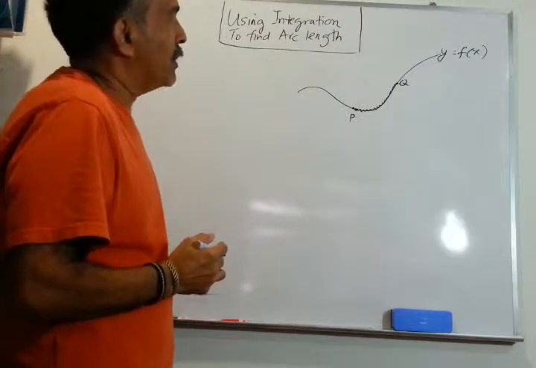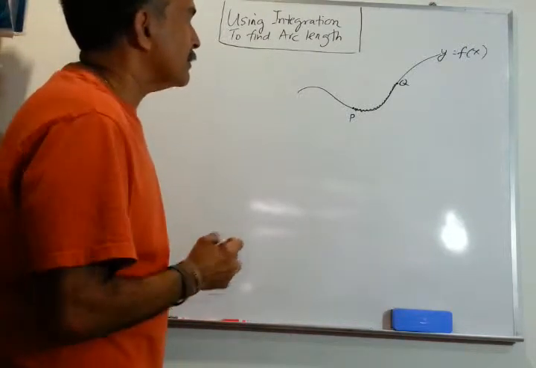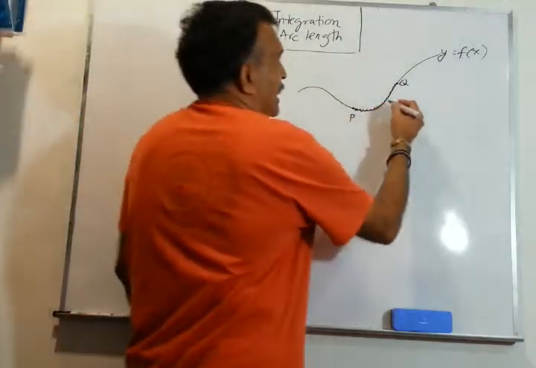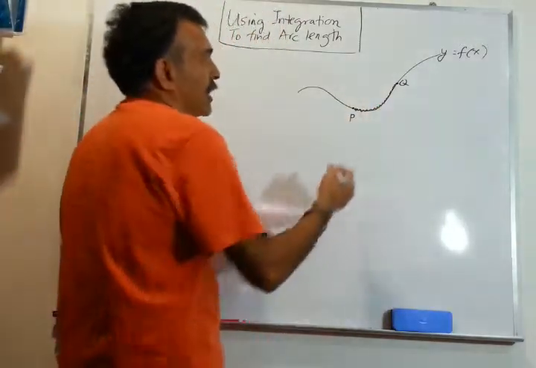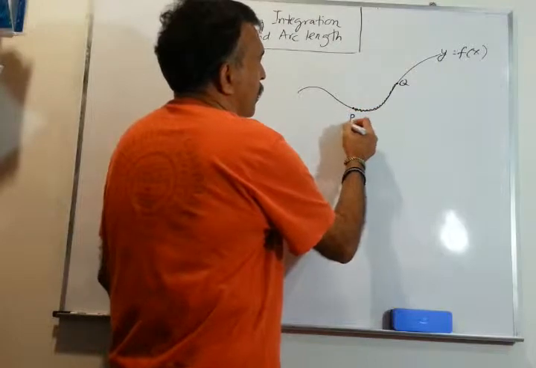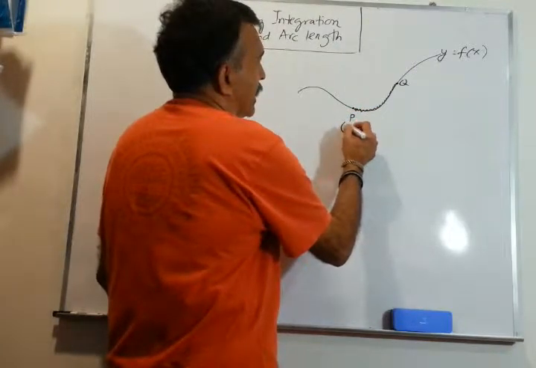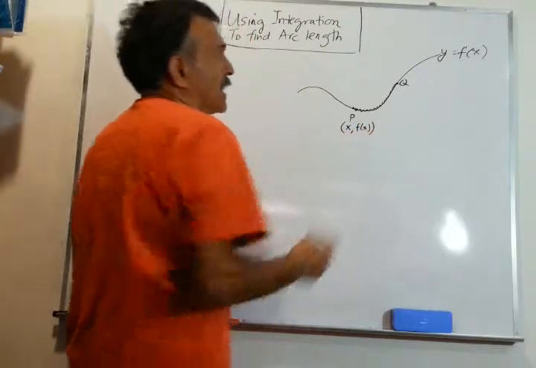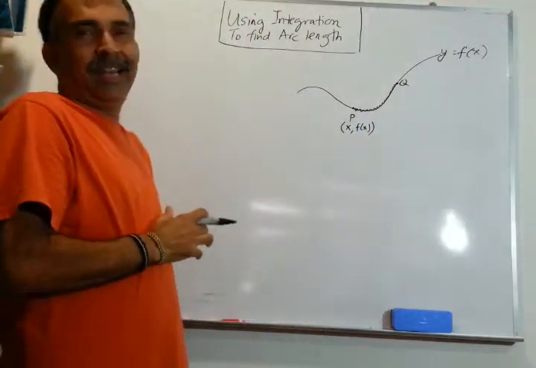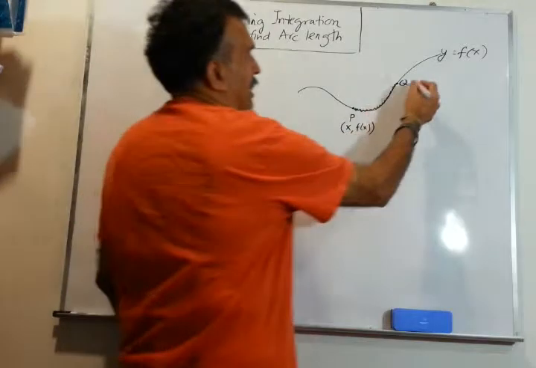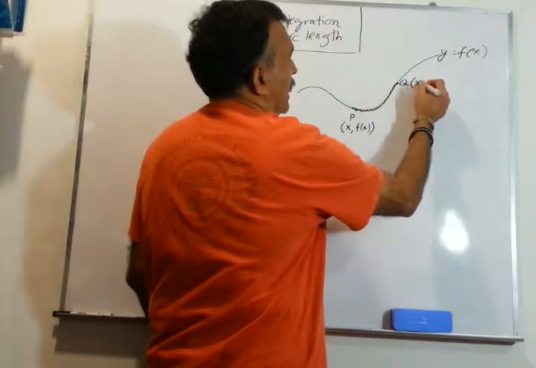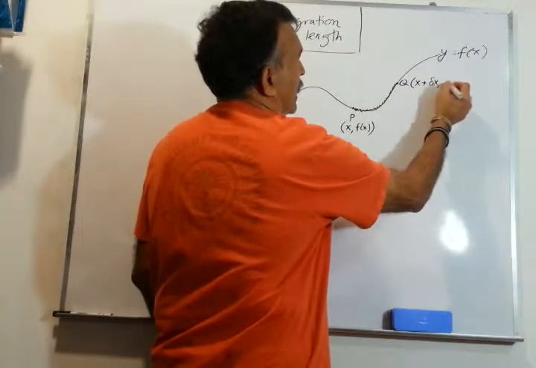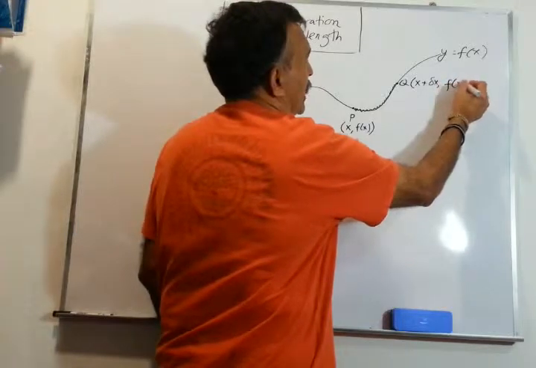Now what we'll do is, we will say the coordinates of P, let's call it (x, f(x)). Now let the coordinates of Q be x plus delta x, and the y coordinate will be f(x plus delta x).